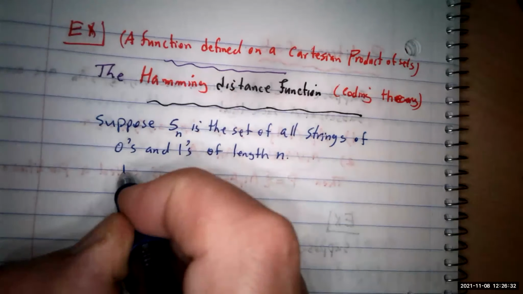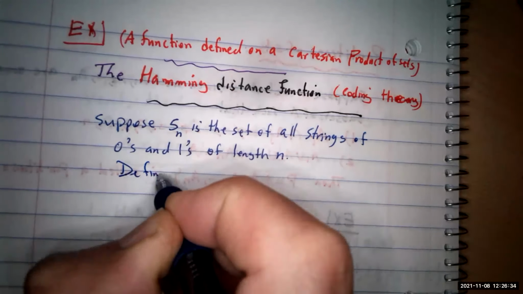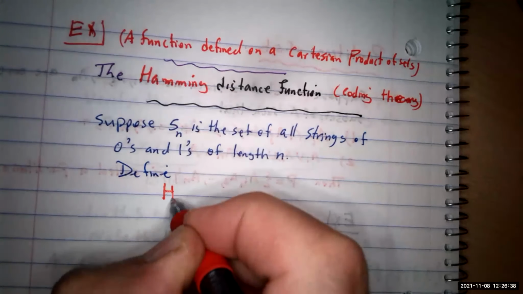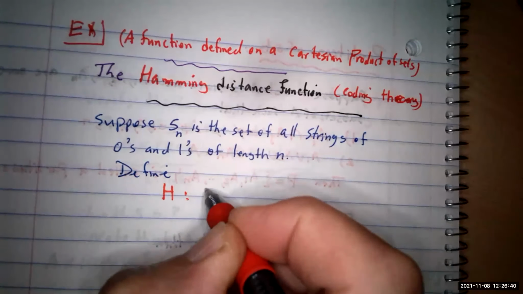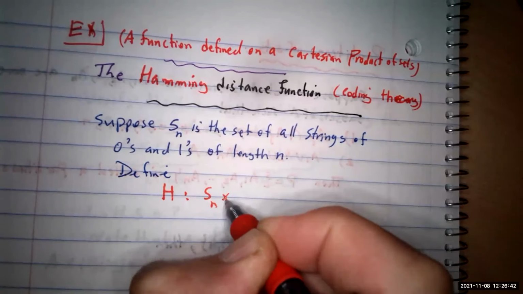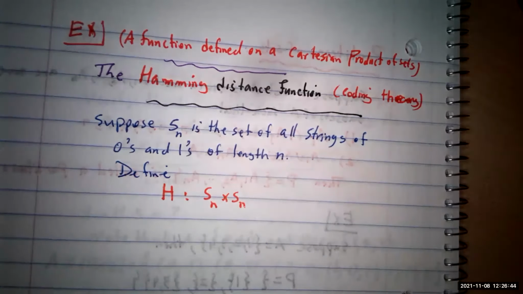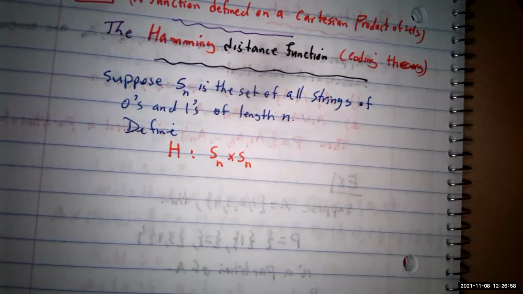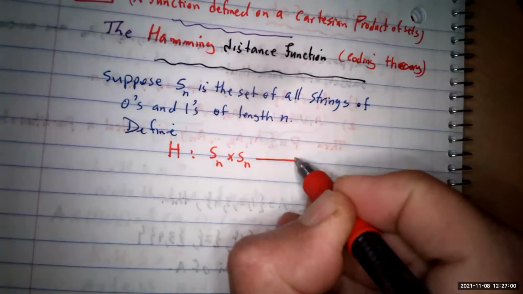Now define the Hamming function. The Hamming function will be defined as H from the Cartesian product S_n cross S_n. This is what? A set of ordered pairs. You get two members, A and B, both of them codes of 0s and 1s, into what?